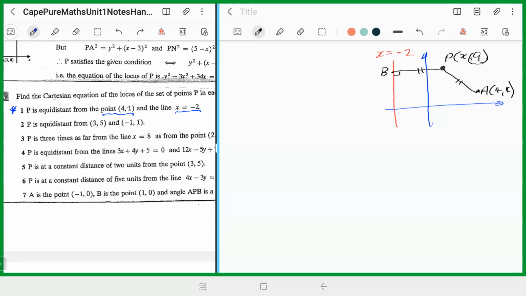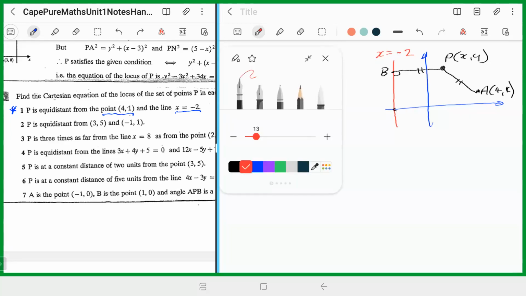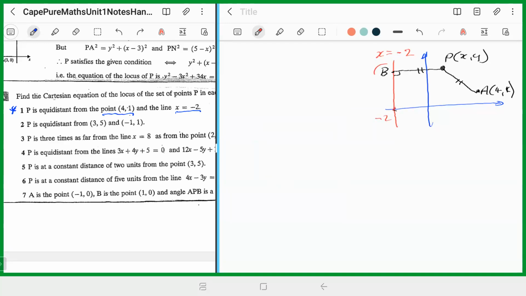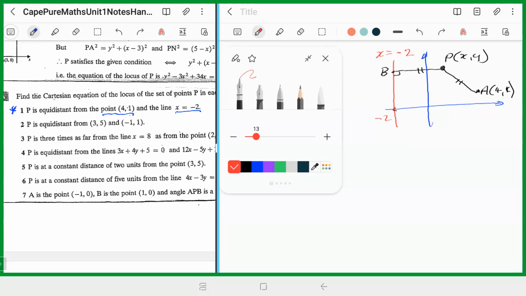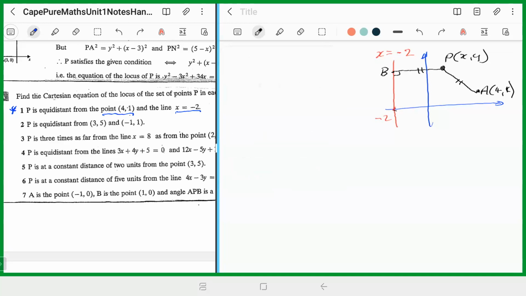It's the same y coordinate as P. Remember, this line is x equals -2. So at B, the x value is -2 and the y value is y. Because the distance from a vertical line is a horizontal line, B will be (-2, y).